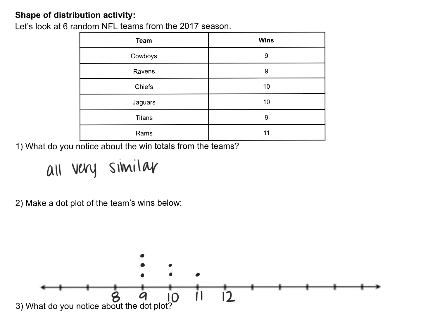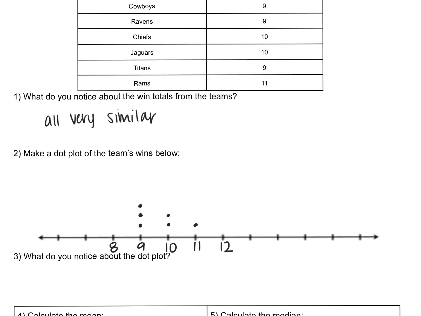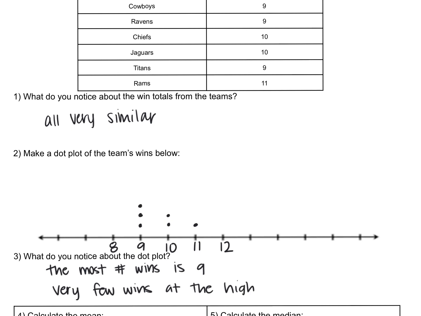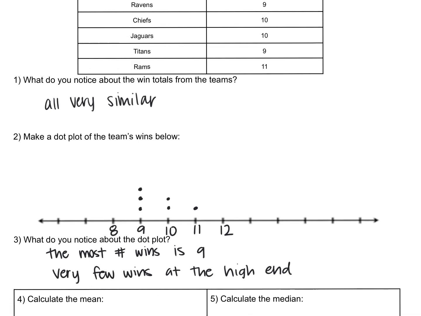Not a lot of data there, but something I might notice is that the most number of wins is 9. Something else I might notice is very few wins at the high end, so that means 11, 12. Not a lot of wins up there.